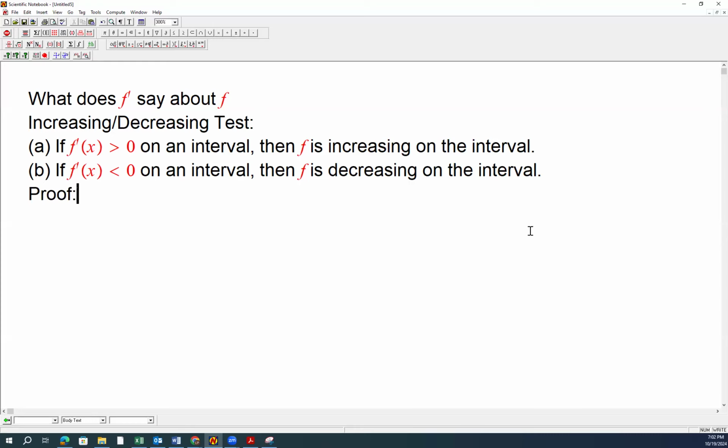Before we prove this result, we'd like to review the definition of an increasing function.